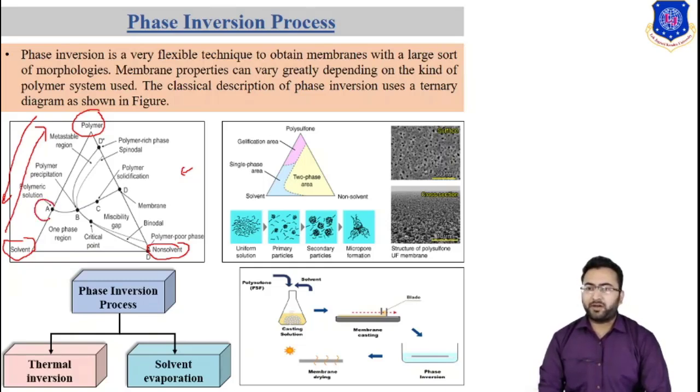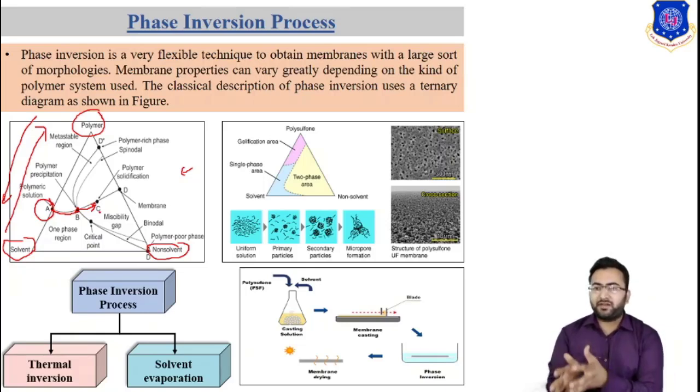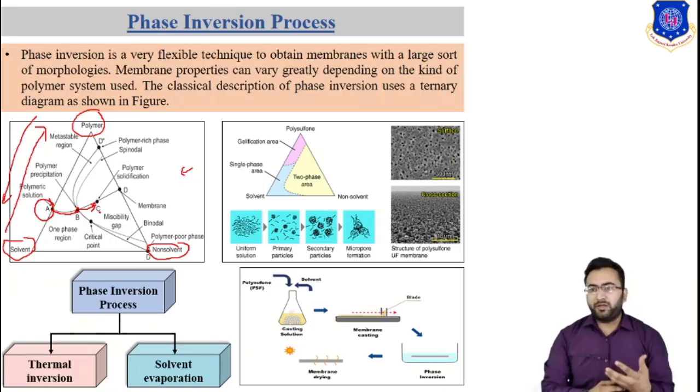So let's suppose this point A. At this point, there is a mixture of polymer and solvent. Now, if we go from point A to point B, this one phase region converts into a two phase region, in which one phase is the polymer and the second phase is the solvent. If we go further from B to C, further solidification of the membrane occurs and we can separate the non-solvent, or we can say we can separate the solvent from the polymer, which results in formation of the pores.